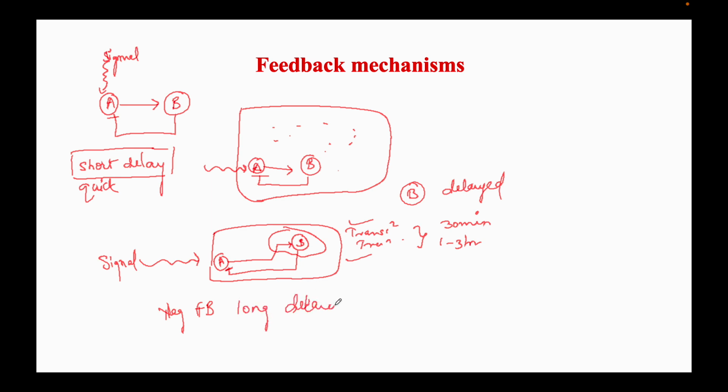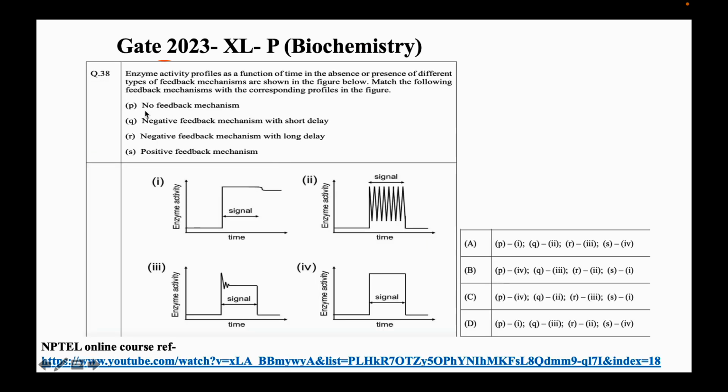Okay, the negative feedback inhibition takes over a period of time. It is not as quick as in the short delay negative feedback. Okay, so coming back to our profiles, the remaining two profiles.